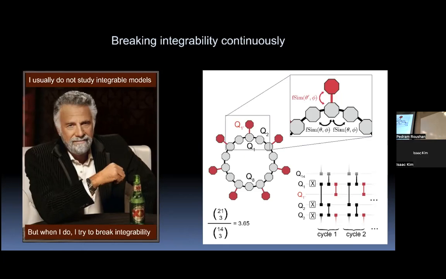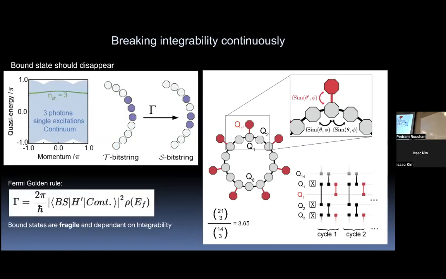What happens if I add more qubits to the ring, which breaks the integrability, so the excitations have more places to go? The prediction is that as soon as you break integrability, whose strength is set by this theta prime, as soon as theta prime becomes non-zero, the bound state is gone. So that's what we are going to do.